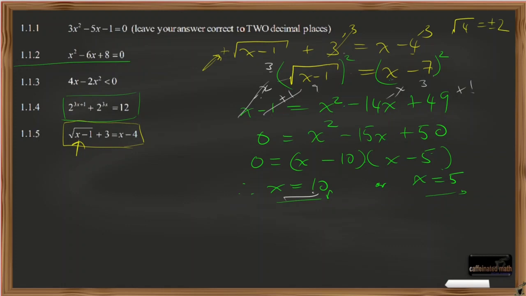Just using this for testing. That means that's fine. Then as far as 5 is concerned, 5 minus 1 gives us 4, and the square root of 4 is equal to 2, and then 5 minus 7 gives us negative 2. Well, those aren't equal, which means this is an invalid value, and that ends that.